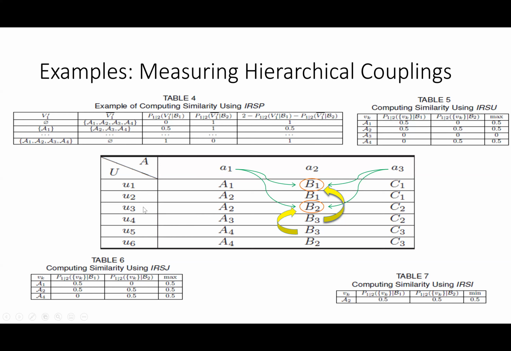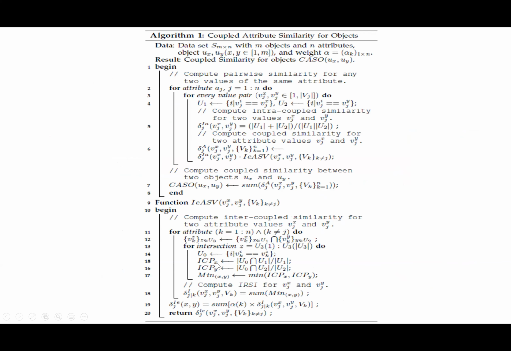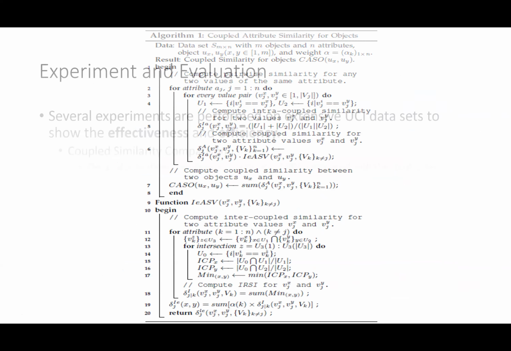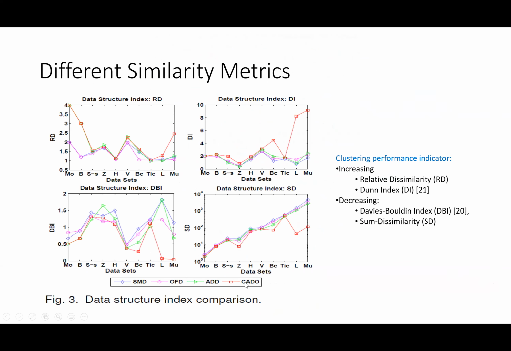And then we can calculate the object similarity or dissimilarity, and then incorporate this similarity into a learning model like a clustering method or a classifier, right? And for the user.